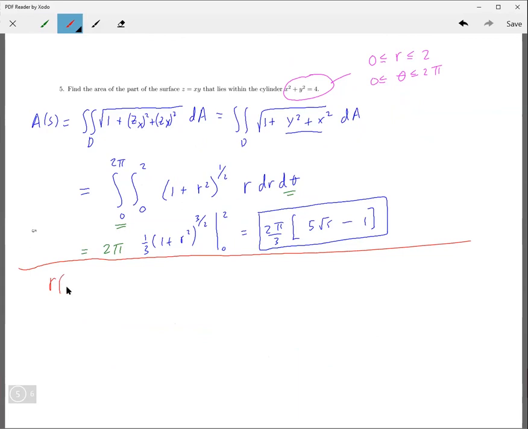You're parameterizing this surface right here. In general it's u and v, but you can choose any variables that you want. In this case, it's best to choose x and y, because x can just be itself, y can be itself, and then z becomes xy.